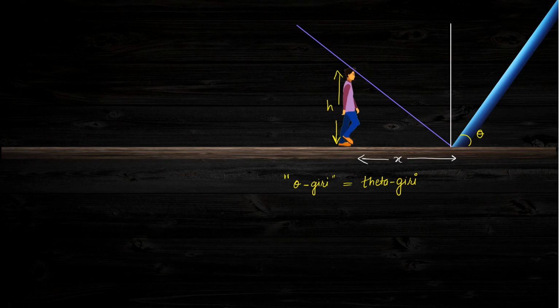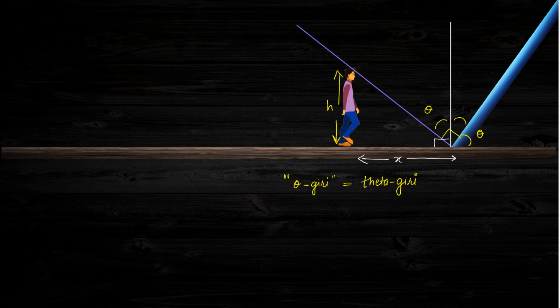So let us say this angle is theta. It should be very apparent if I draw this normal to the ground that this angle is 90 minus theta, so this angle happens to be theta, because both these angles are 90 degree. This is 90 degree and this is also 90 degree.